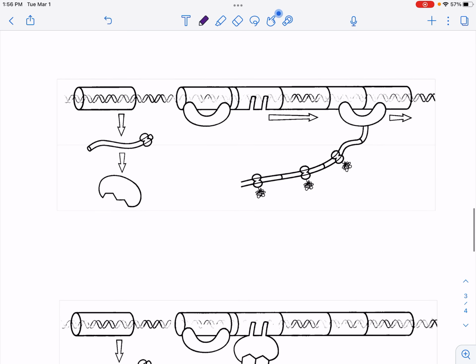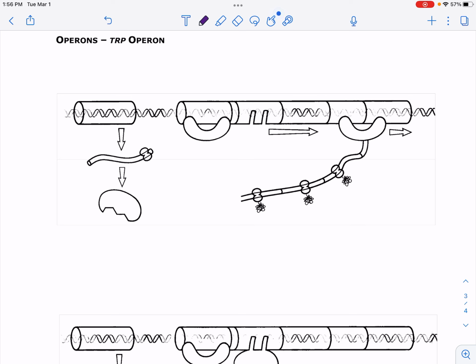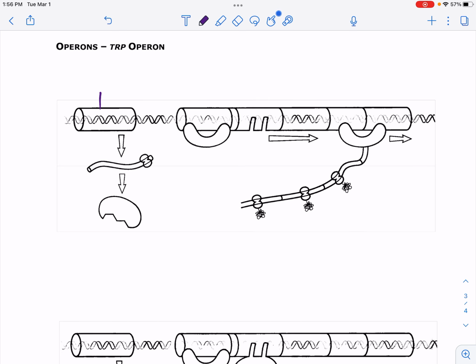So in this case, there's different parts. This right here is what's called the regulatory gene, and it makes a repressor protein. And in this one, it's inactive.